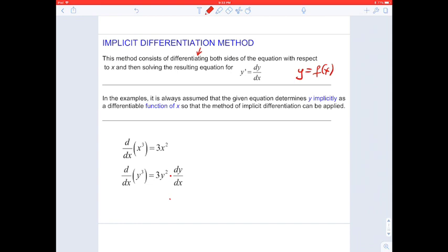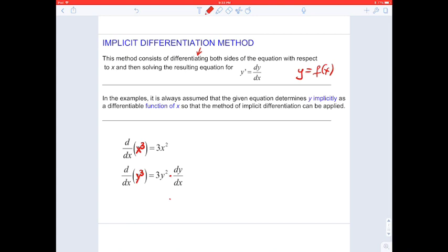That means we have a few things worth remembering. In order to differentiate x cubed, for example, of course we're using the power rule, and the derivative of x cubed is 3x squared. In order to differentiate y cubed, I will also follow the power rule, 3y squared.